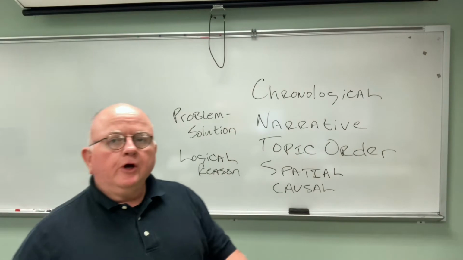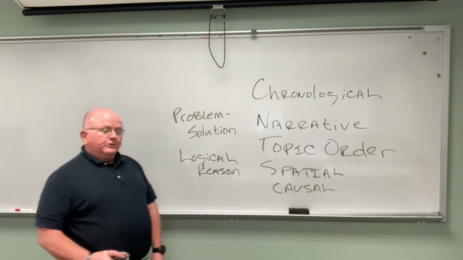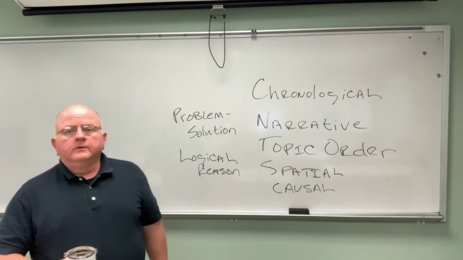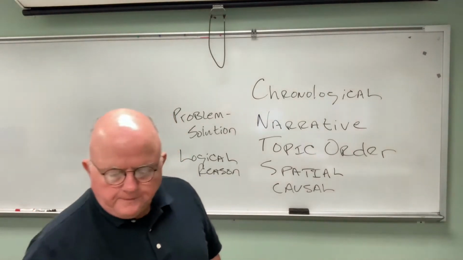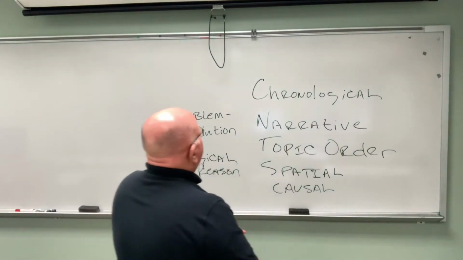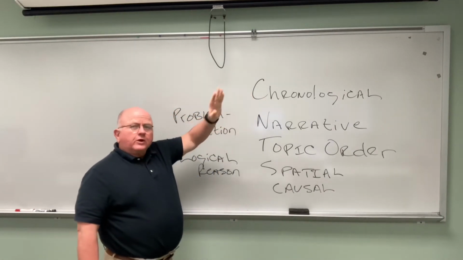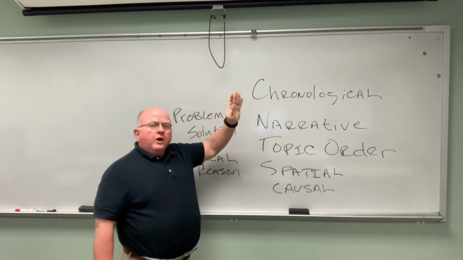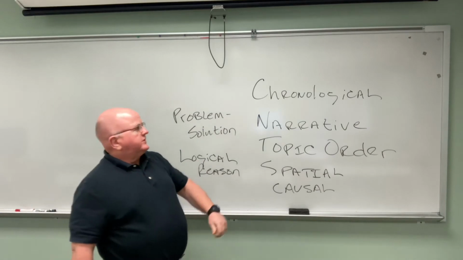If you have a good organization and it doesn't fall into one of these other six, well, you could just look at them and say, well, I use the logical reason order. And you will be good to go. Okay? So, chronological, good for time, good for historic events in a time-based order, good for processes where from beginning to end you have to go through a series of specific steps.